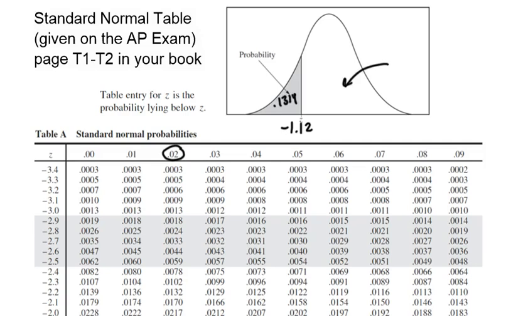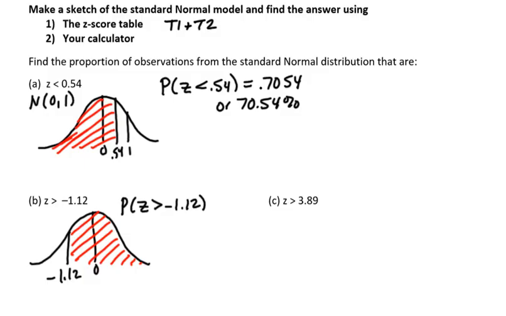But I'm looking for the area on this other side. Recall that the total area under the curve is 1, so this is going to be 1 minus 0.1314, which turns out to be 0.8686.